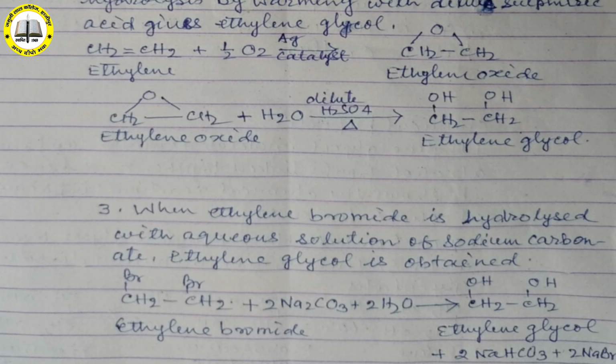Now, the third method, that ethylene bromide is hydrolyzed with aqueous solution of sodium carbonate. Ethylene glycol is produced.